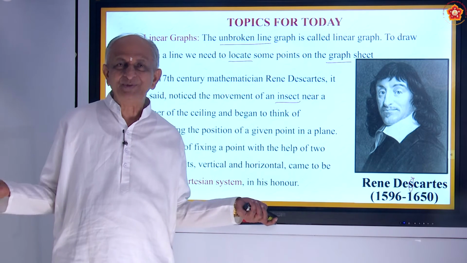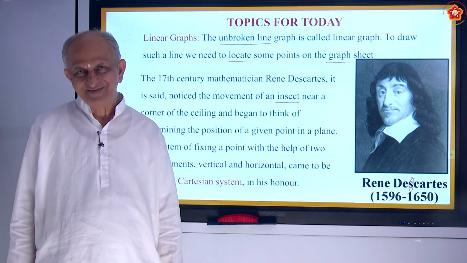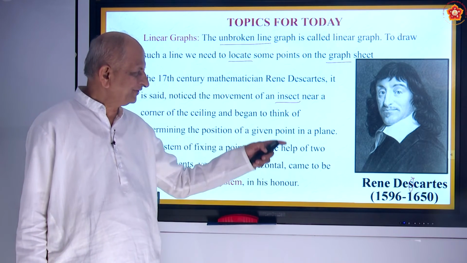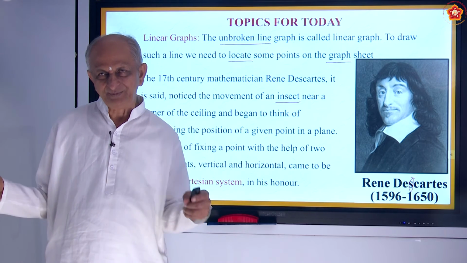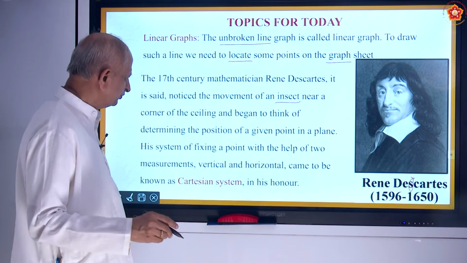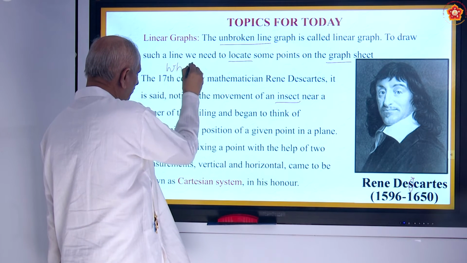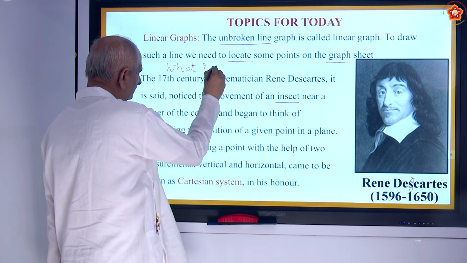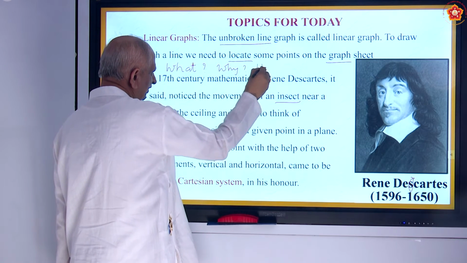We also see so many insects going and coming, but we are not bothered. But this is the nature of scientists and mathematicians. When they see something, they have three questions.